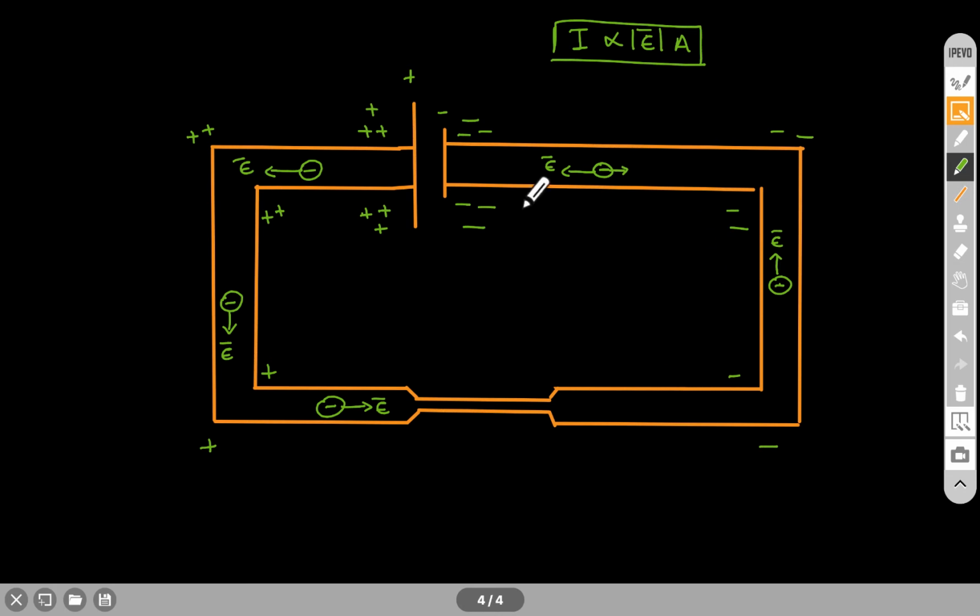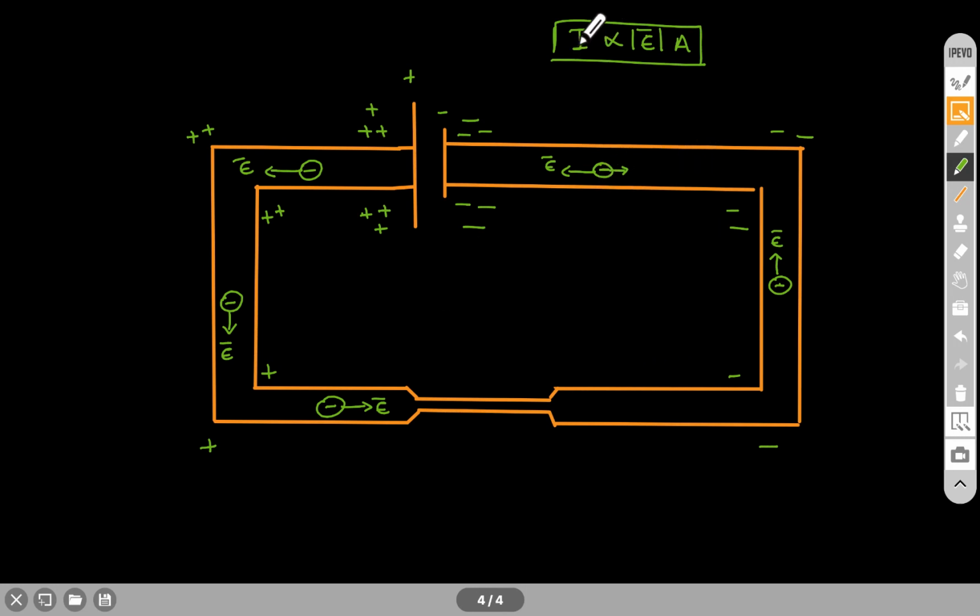And this makes sense because the electrons will never accumulate anywhere. They will not keep piling up as time goes by. If you make a cross section here and you count how many electrons pass per second, you will find the same number here and here and here and everywhere throughout the circuit. So experimentally, the current is the same everywhere.